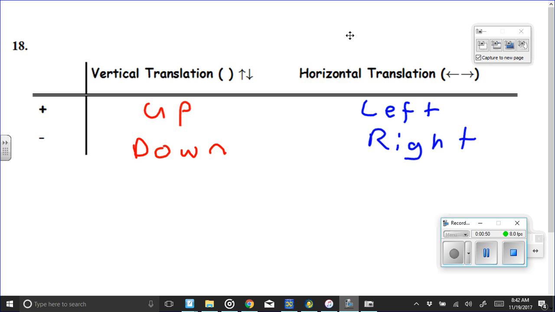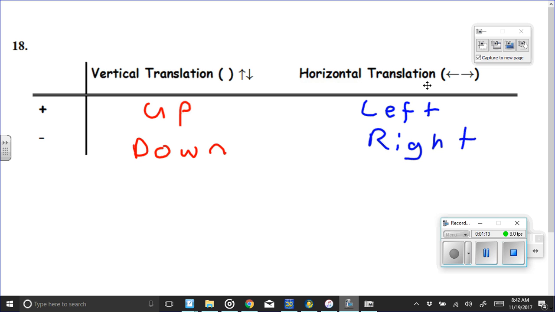If it's a horizontal translation, it would be inside the parentheses and next to your x or your unknown value here. Okay? So those are the most important things right there: understand that the vertical is outside the parentheses, goes up and down, and the horizontal is inside the parentheses and goes left and right.